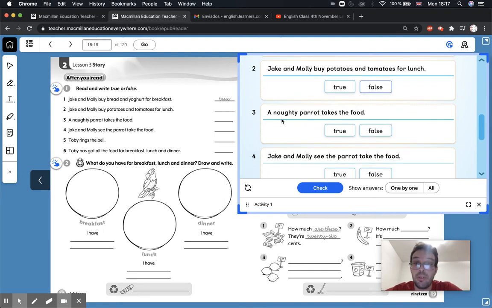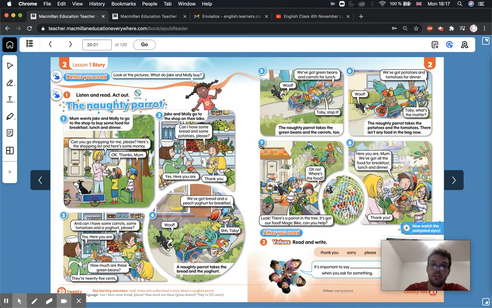Let's look at question number 3. It says, a naughty parrot, remember the parrot? A naughty parrot takes the food. Is that true or false? Let's have a look. It says here, look here.